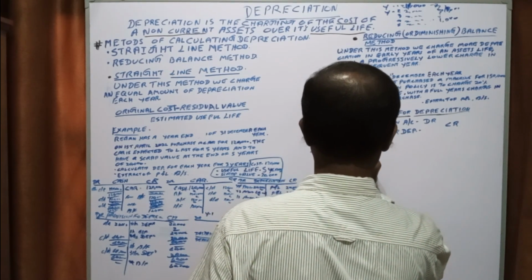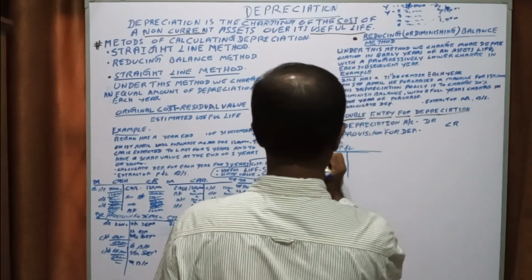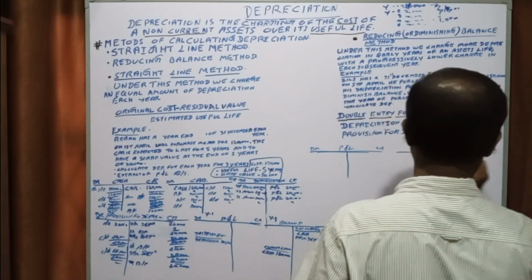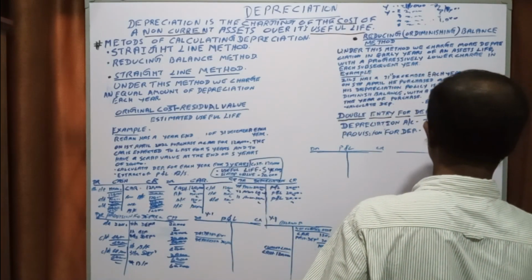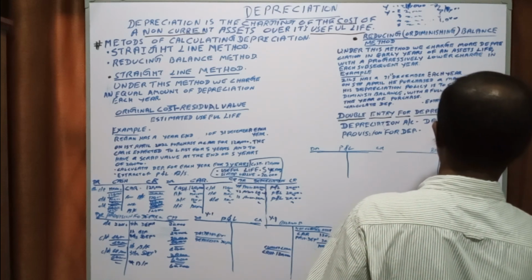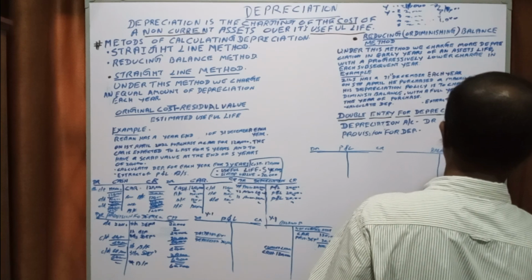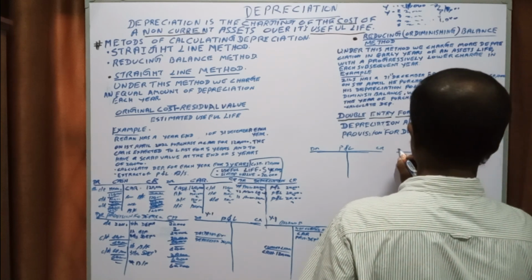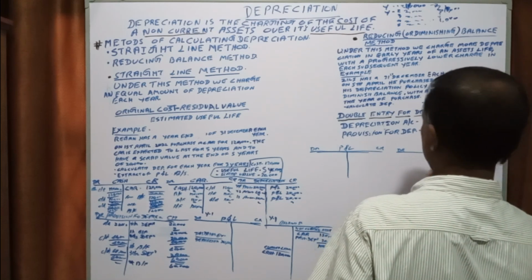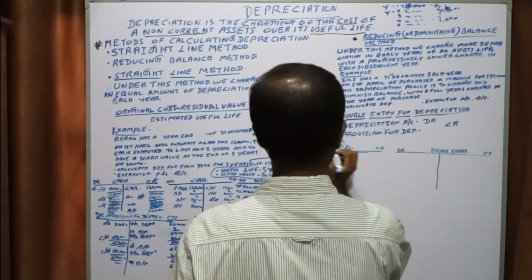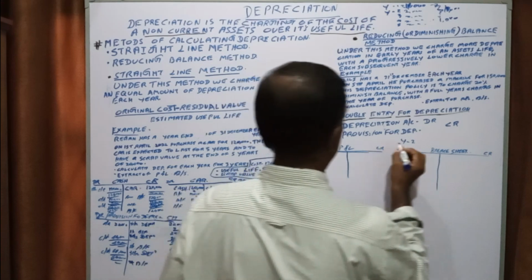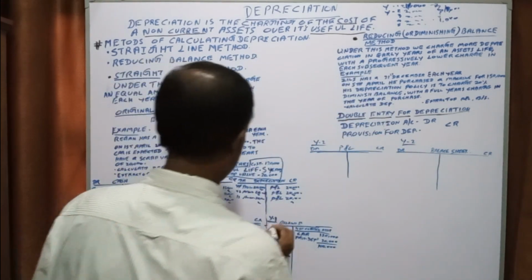And in year 2 we'll say year 2 balance sheet, P&L, profit and loss. Here the balance sheet, debit and credit. This is year 2, this is year 1.